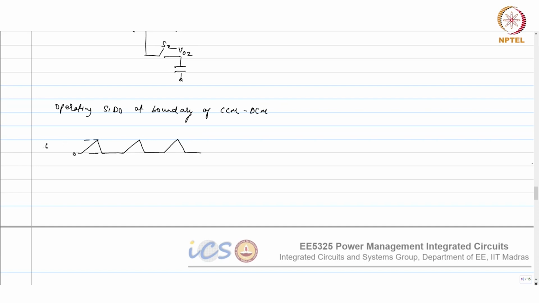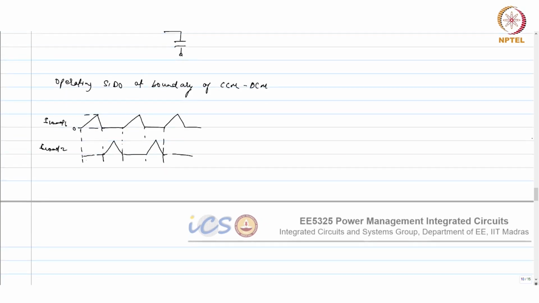This is not IL, but I load 2. So if I ensure that my I load 2 always starts when this goes to 0 and remains until here, now the inductor current will simply be I load 1 plus I load 2.